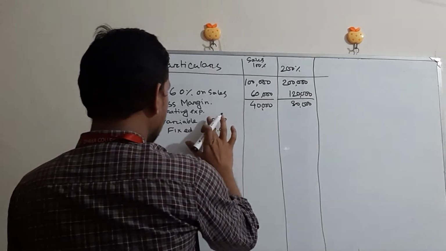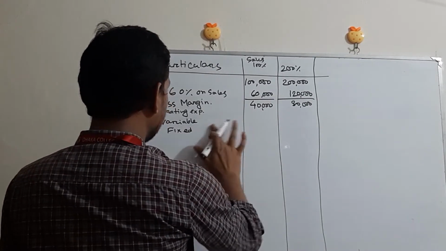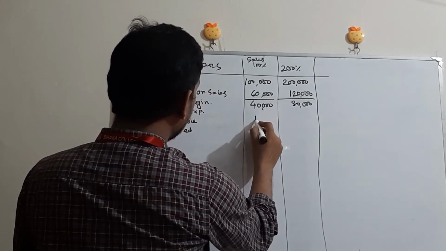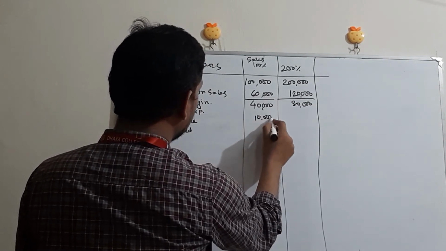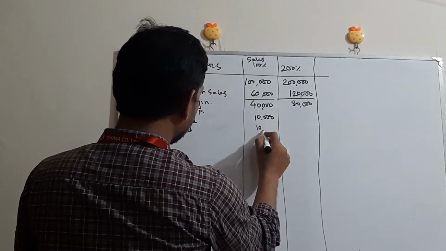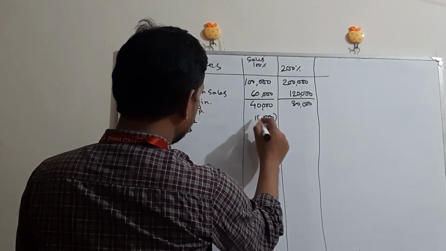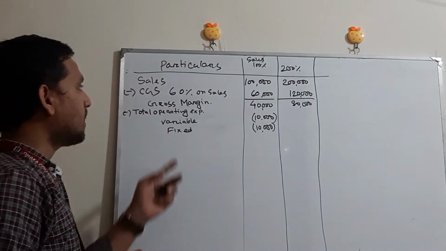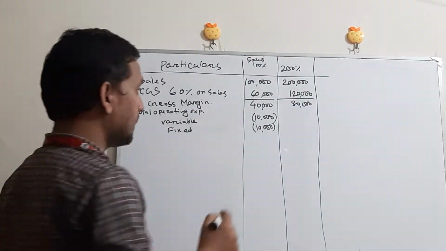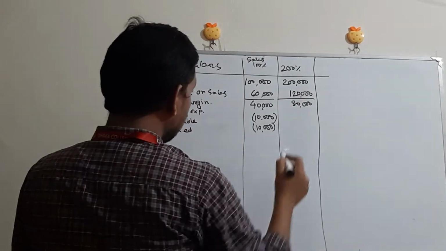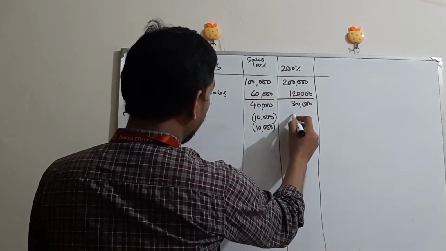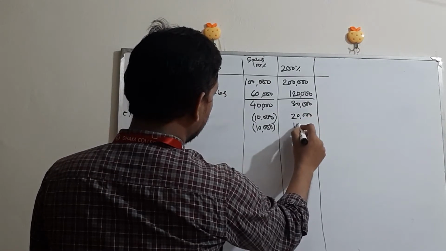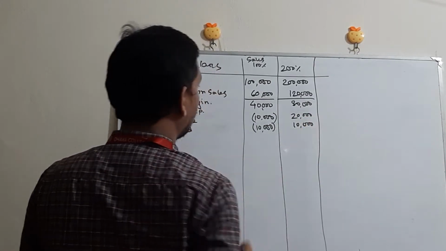Directly write this: 10,000 taka and then fixed 10,000 taka should be deducted from 40,000 taka, I mean from gross margin. Then variable is 20,000 taka, then it is 10,000 taka.